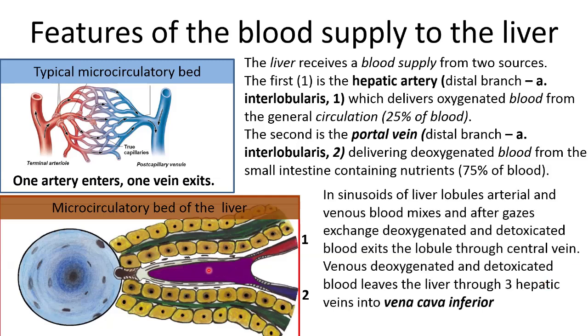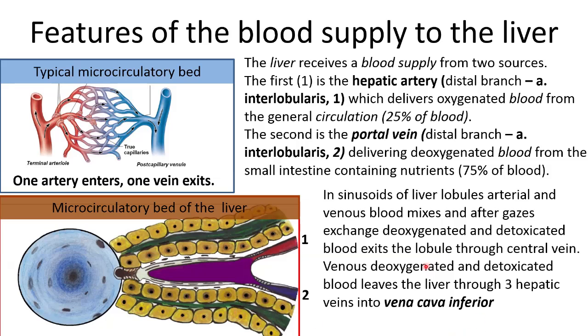In sinusoids, it means here, sinusoids of liver lobules, arterial and venous blood mixes, and after gases are exchanged, deoxygenated and detoxicated blood exits the lobule through the central vein. So the direction of blood flow is this, from 1 and 2 to the central vein, from arteria and vena interlobularis to the central vein.